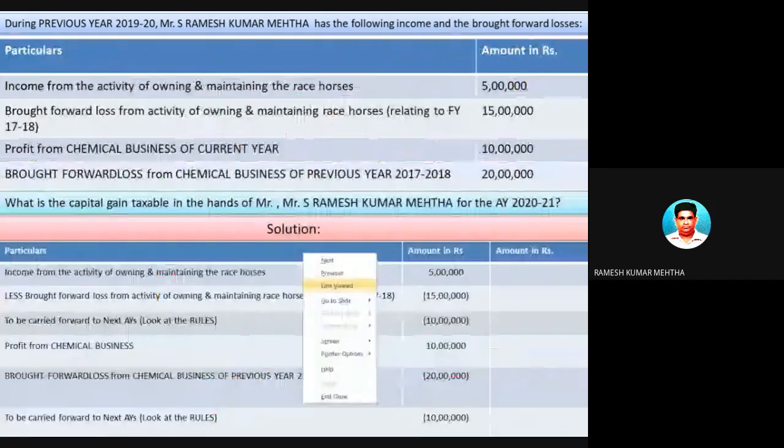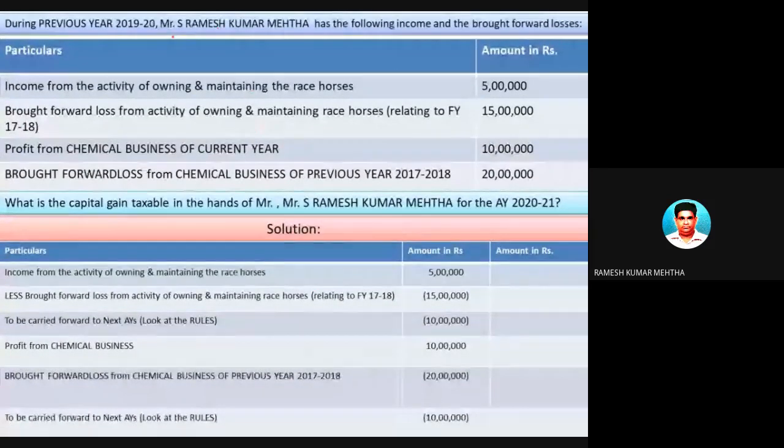So let's take up the next problem, which is the fourth problem. The problem goes like this. Mr. Ramesh Kumar Mehta furnishes the following information and the brought forward losses of 2019-20. Income from the activity of owning and maintaining of horses is 5 lakh rupees, and brought forward losses from the activity of owning and maintaining of horses relating to financial year 17-18 is 15 lakh rupees.